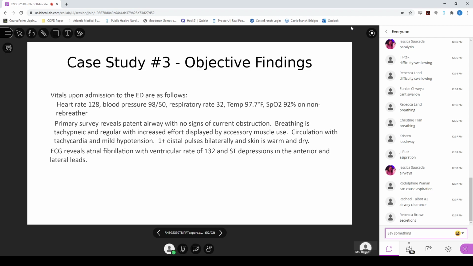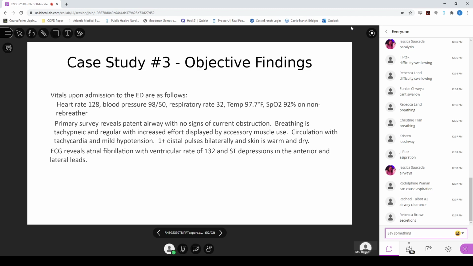The breathing is tachypneic and regular with increased effort displayed with accessory muscles, circulation with tachycardia and mild hypotension, positive 1 distal pulses bilaterally, and the skin is warm and dry. ECG reveals atrial fibrillation with ventricular rate of 132, ST depression in the anterior lateral leads.